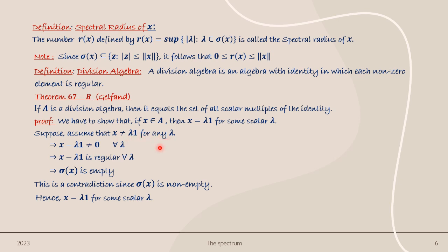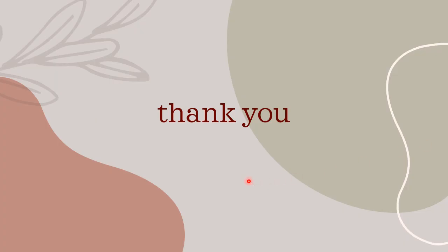There exists some scalar lambda for which x is equal to lambda 1. So any x belonging to A, an arbitrary element of A, can always be written as a scalar multiple of 1. So that is what the theorem says: if A is a division algebra, then it equals the set of all scalar multiples of the identity. Okay, that's all. Thank you.